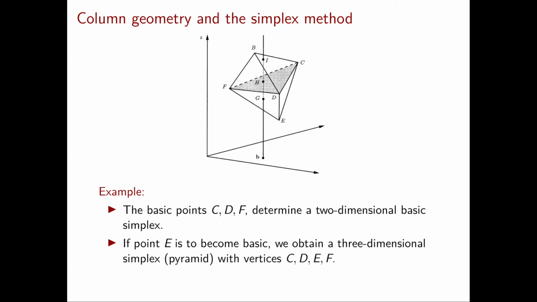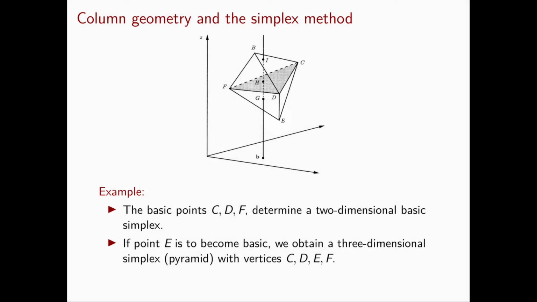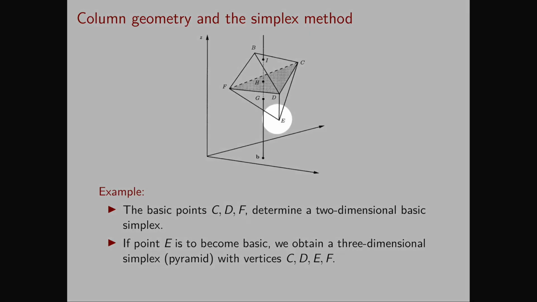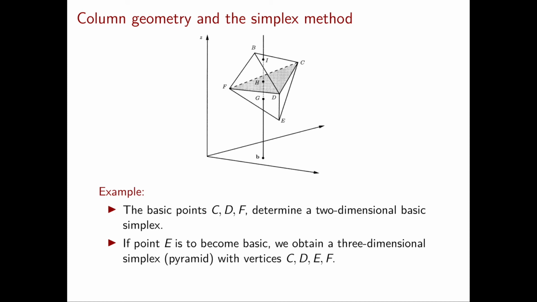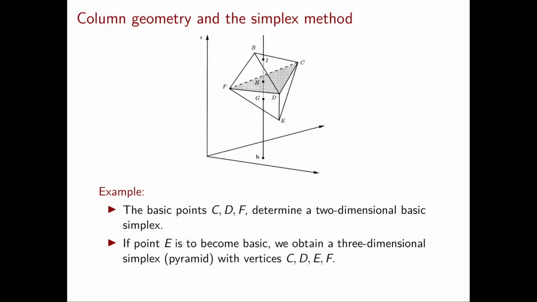Once again, before the change of basis, our basic points were C, D, F. And let's say we have decided to have E enter the basis, which really is the only thing that makes sense because it is the only point not in the basis which is below the dual plane. Now, depending on who will leave the basis among C, D, and F, we obtain three two-dimensional simplices.